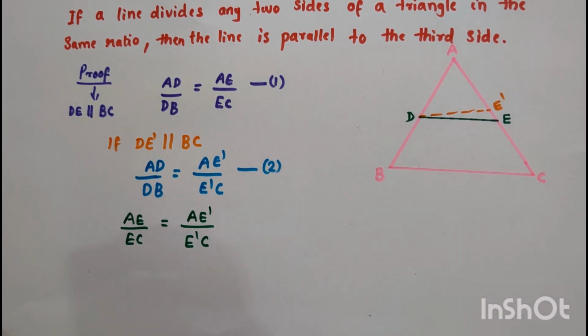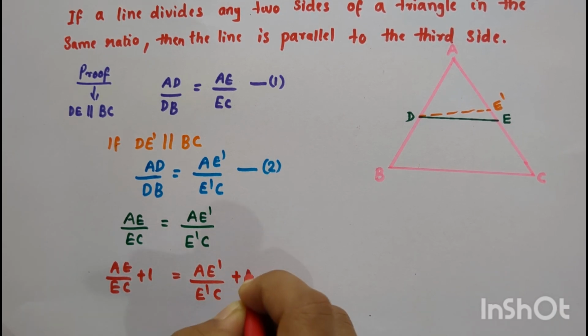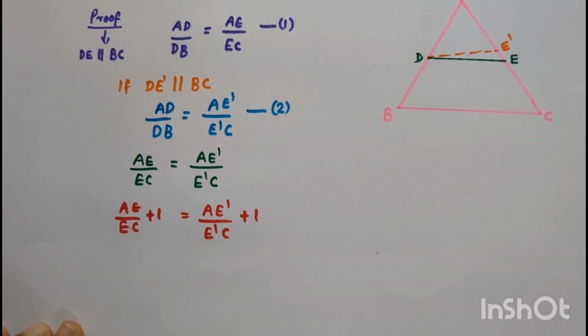AE by EC plus 1 is equal to AE dash by E dash C plus 1.